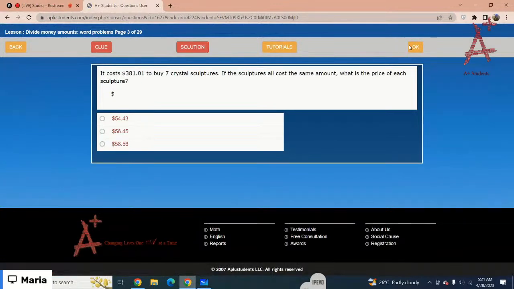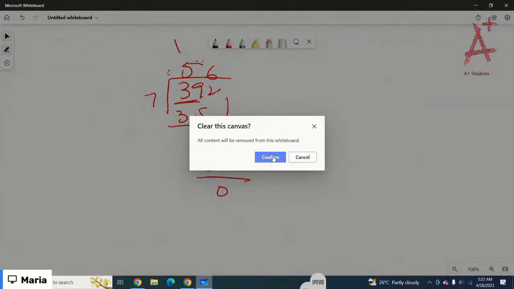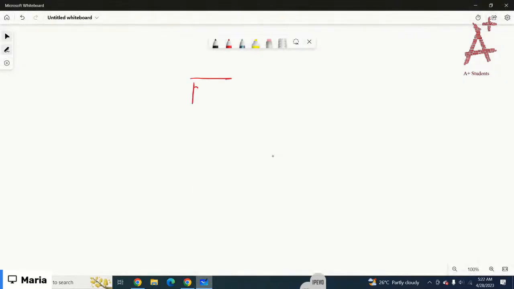Okay, the next one is it costs 381.01 to buy 7 crystal sculptures. If the sculptures all cost the same amount, what is the price of each sculpture? So you have to divide 381.01 by 7. We can go for 7 times 5 is 35.